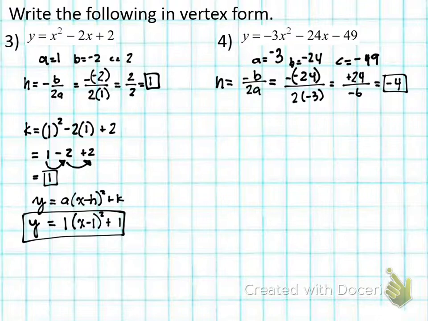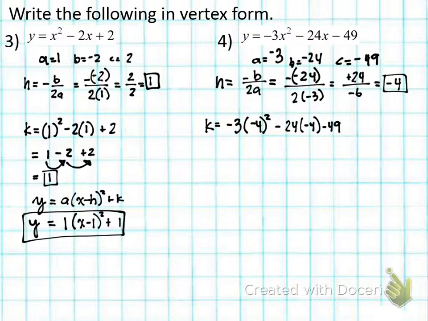Now we have to figure out our K. So we got to plug it into the whole thing. So we got -3 times x squared. Instead of x, we're going to put that -4 in there. -4 squared, minus 24 times -4, all minus 49. Okay? Looks scary, but we could do this, okay? PEMDAS, right?